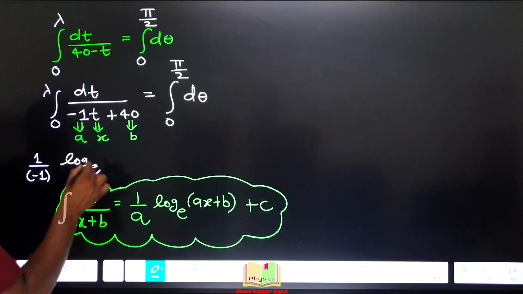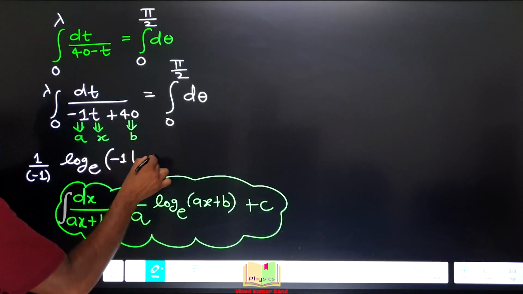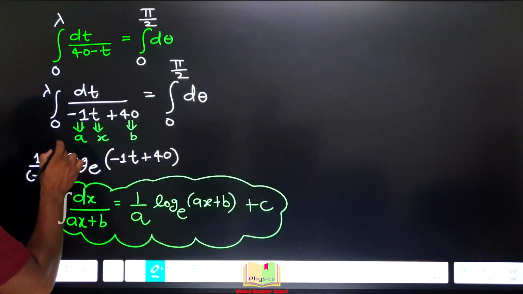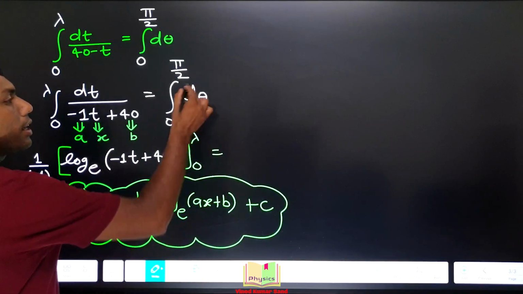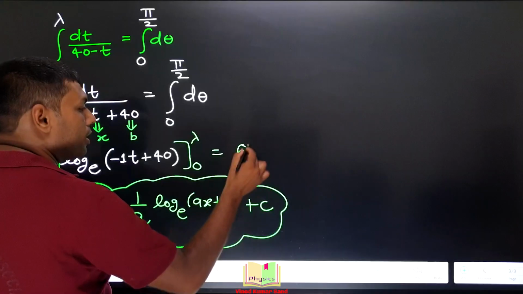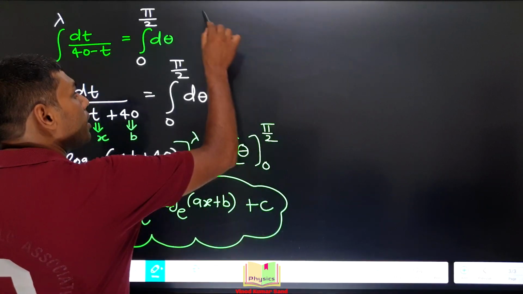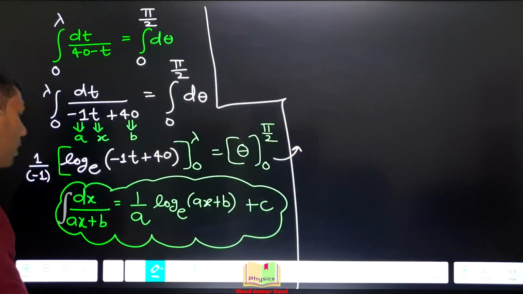Log base e, and then we put the data minus 1t plus 40. The limit goes from 0 to lambda. Here on integration, you get theta. The limit goes from 0 to pi by 2. Agree with it?